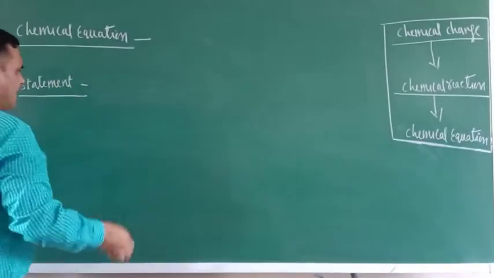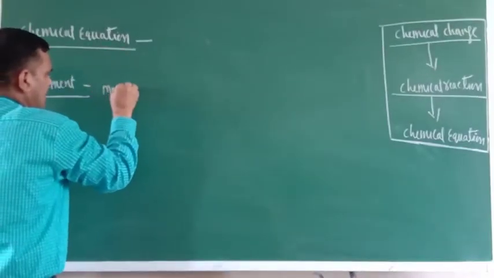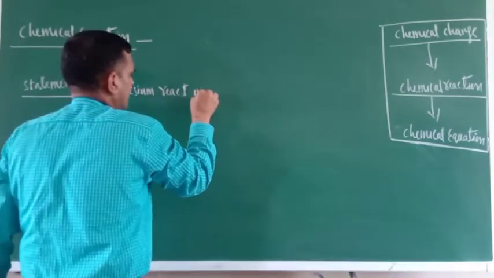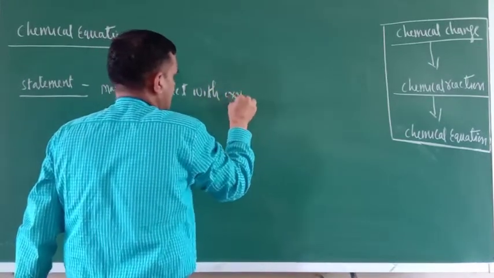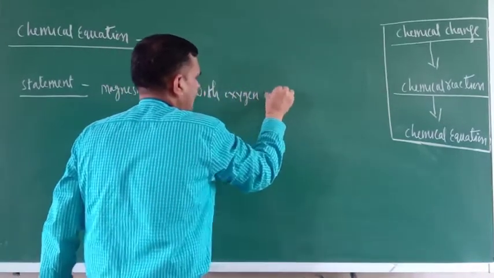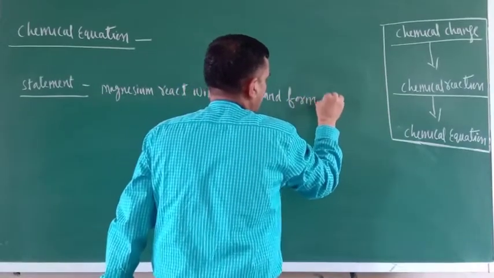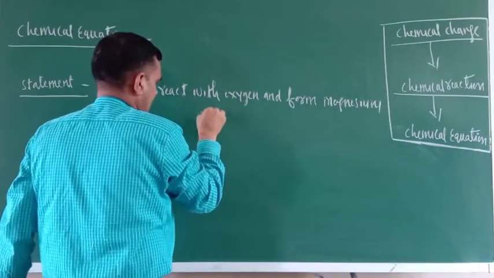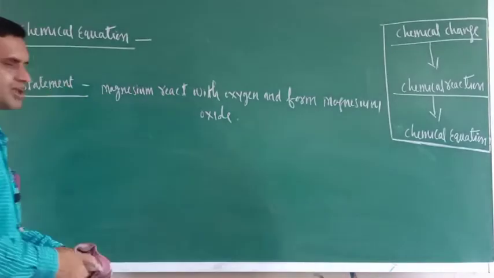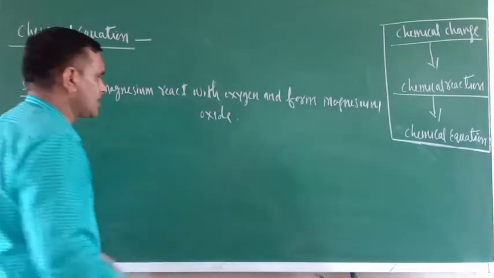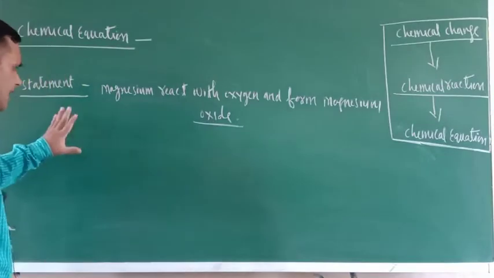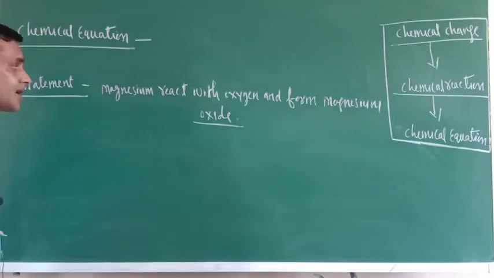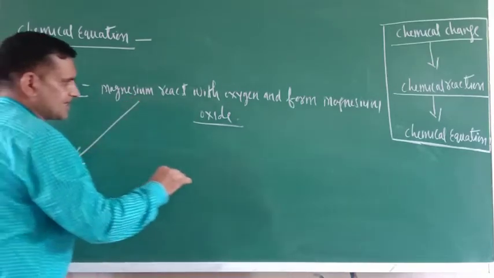Magnesium reacts with oxygen and forms magnesium oxide. Okay, what is this one? This is a statement. Now this is a lengthy statement, it is difficult to remember. So this statement we can represent in 2 ways.